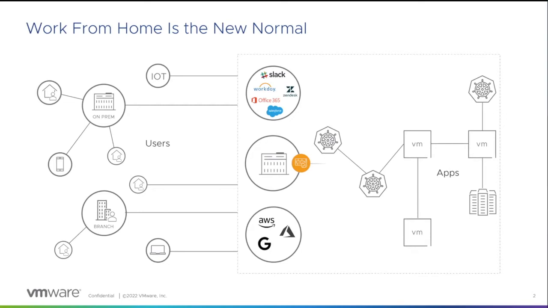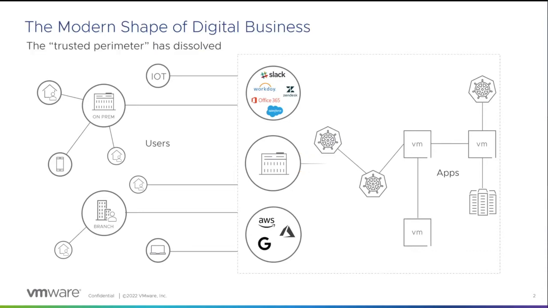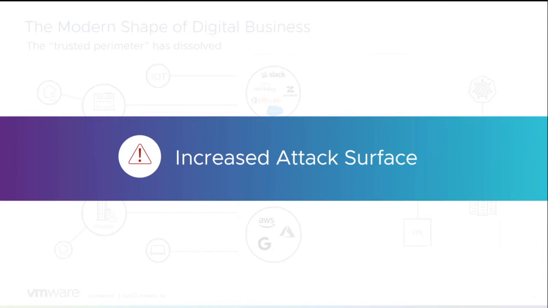And just within the last week, Elon Musk in the headlines again, where he's strongly encouraging his employees to work from the office, get out of their houses and get back into the office. So the concept of the trusted perimeter, if it ever really existed, has very much dissolved. And as a result, we've seen a drastic increase in organizational attack surfaces.